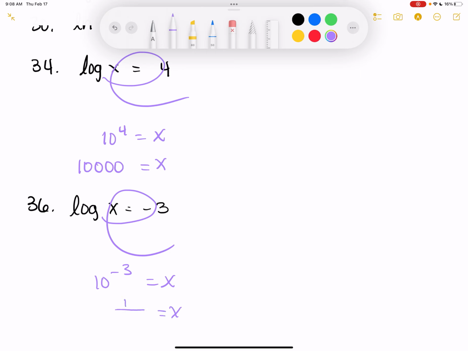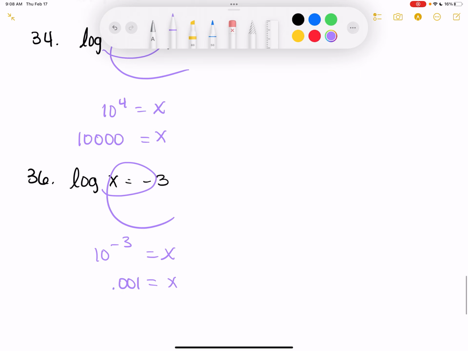Give me a minute. 0.001. Okay, x is equal to 0.001. Yep. That's fine if you do it as a decimal. As a fraction, 1 over 1,000. So I would take either answer when you do it.